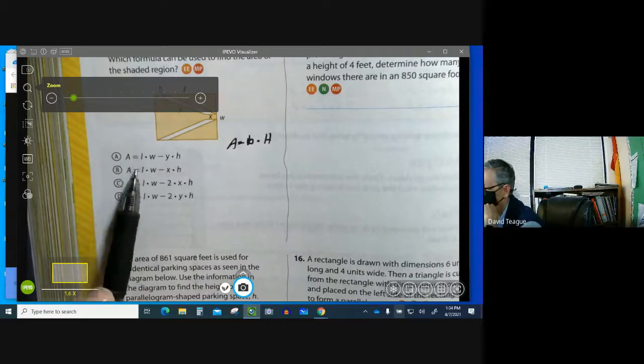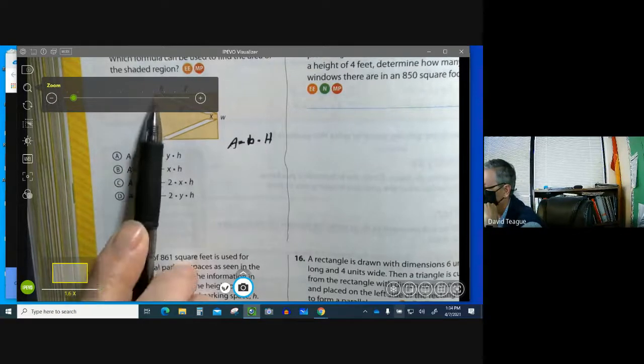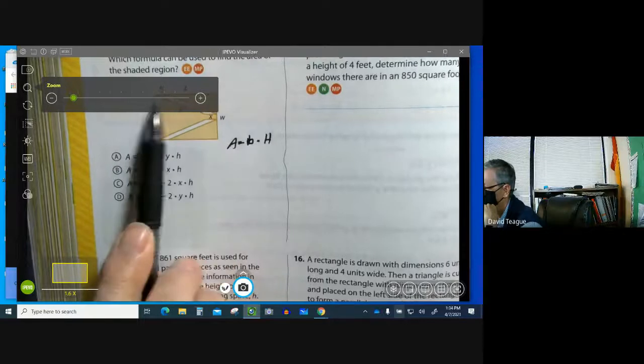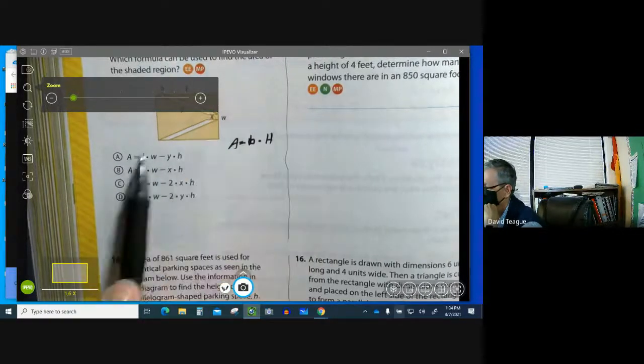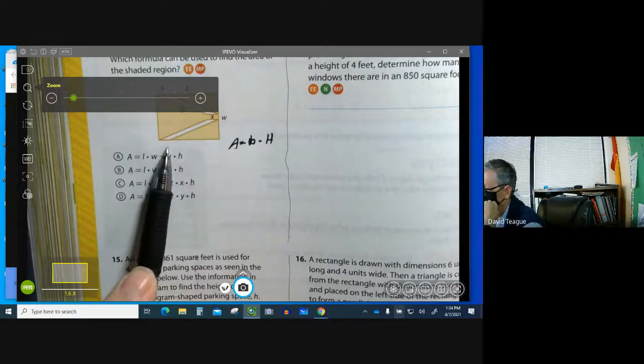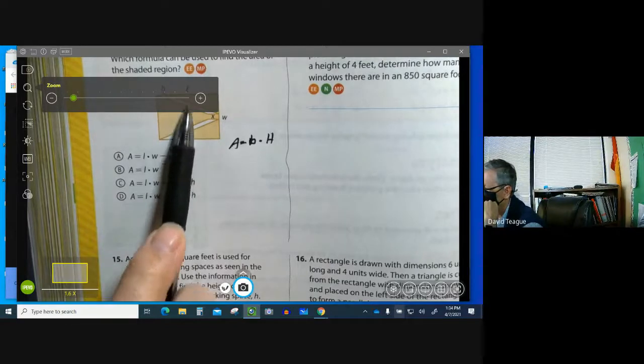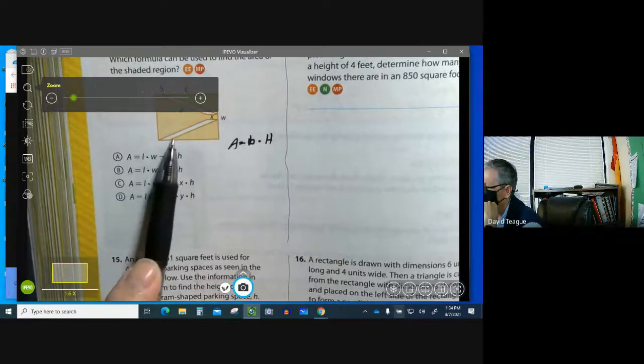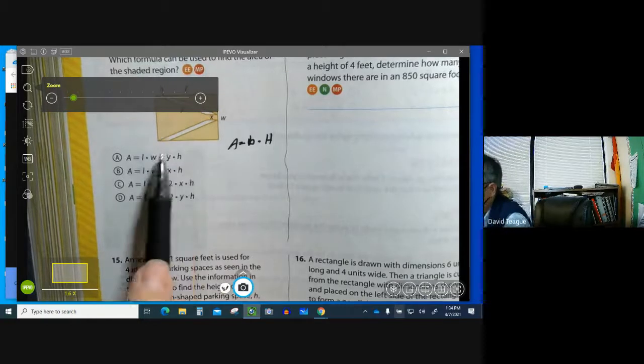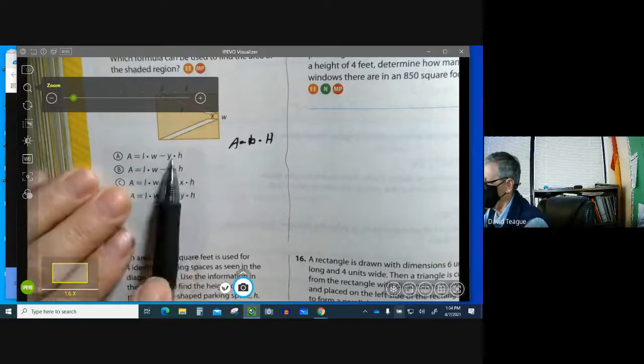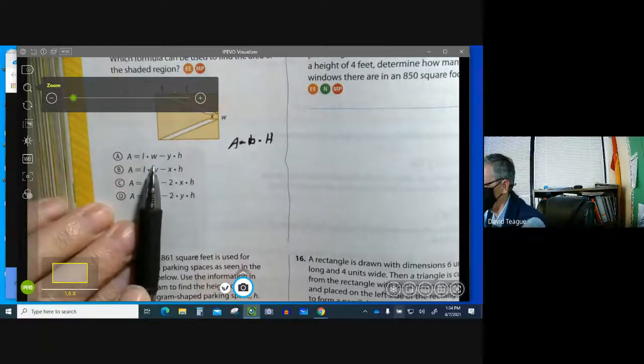Area is length times width, so they're getting all the area and then subtracting these 2 parallelograms, but you have to figure out whether they're giving you the correct dimensions, because it's base times height.